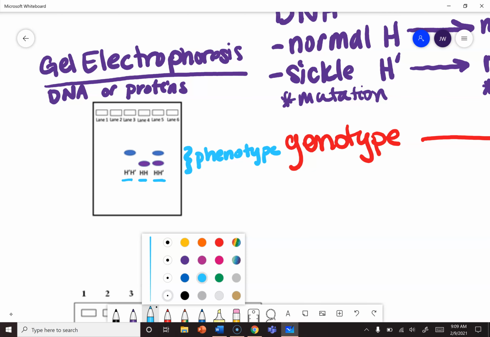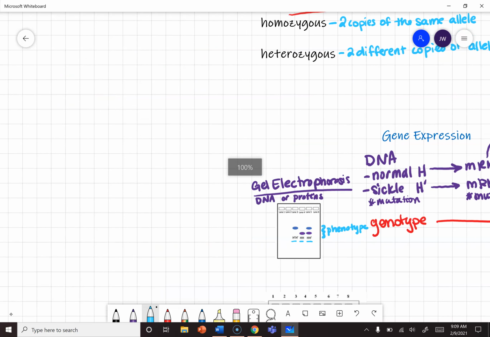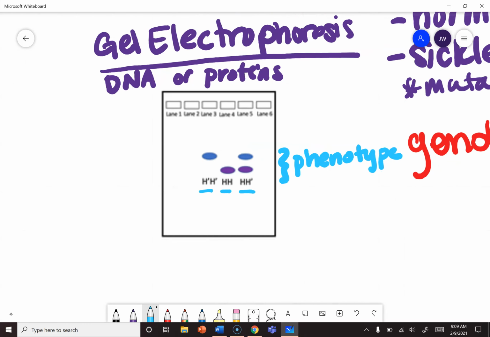Now these dots represent the proteins, some proteins that are extracted from a blood sample. If you look at this individual, we have the homozygous mutant, or the sickle cell alleles, and we have the corresponding protein for the sickle cell. Now, we have two alleles, but we have only one protein. That's because each allele is directing the production of the same protein, and so it all runs together sort of in a big blob.